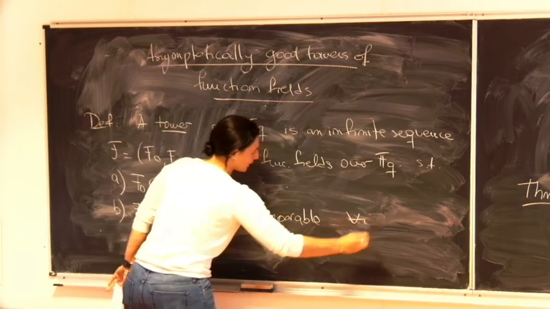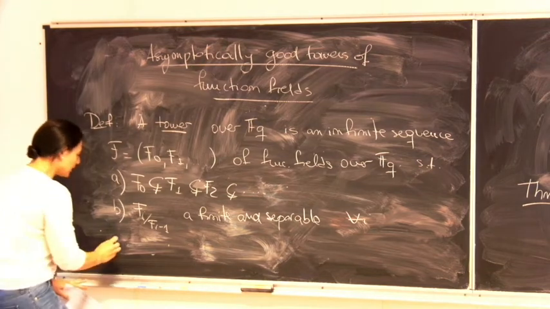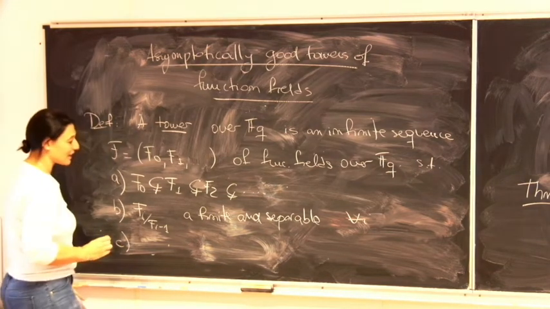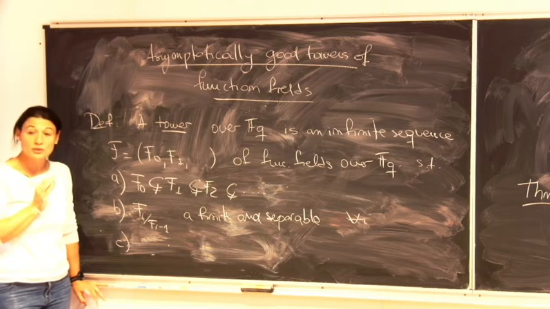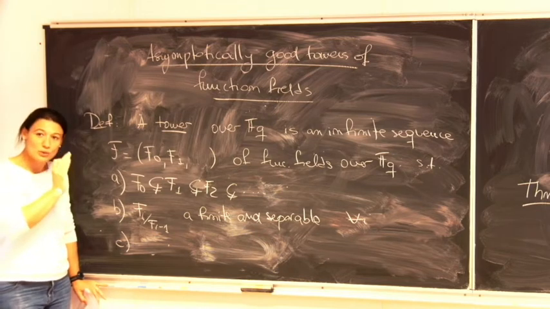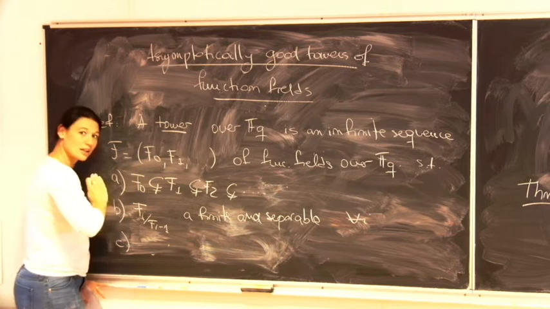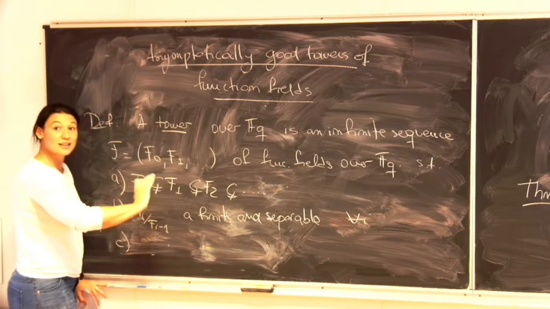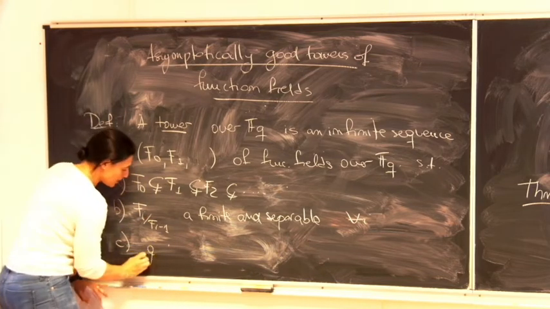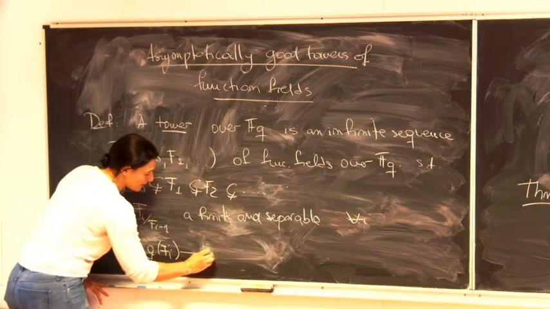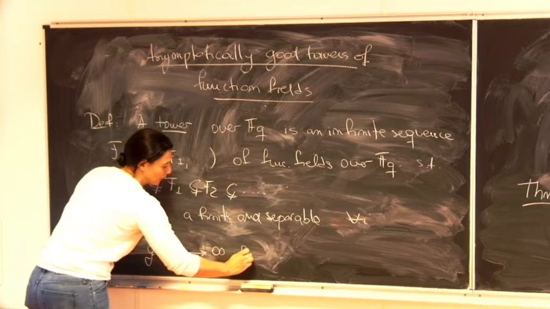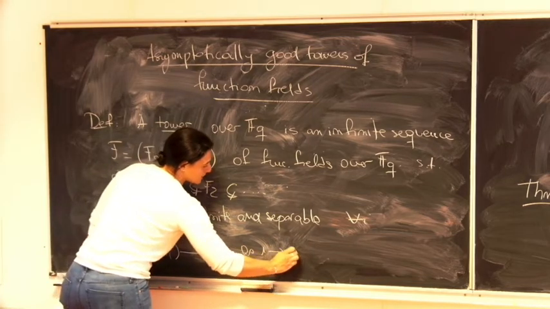This is for all i. The third condition is that if I look at the sequence of genera of each function field, the sequence of genera of F_i tends to infinity as i tends to infinity.